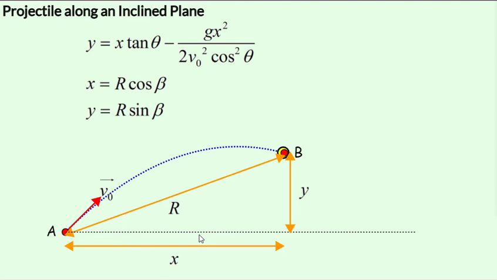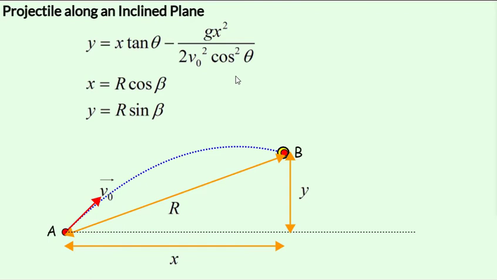Now we have the trajectory equation, and we have expressed the x displacement and the y displacement in terms of the angle of the incline beta. So x is r cos beta and y is r sin beta. So let's plug these expressions for x and y into the trajectory equation. The good news at this point is that we are done with the physics part of it.